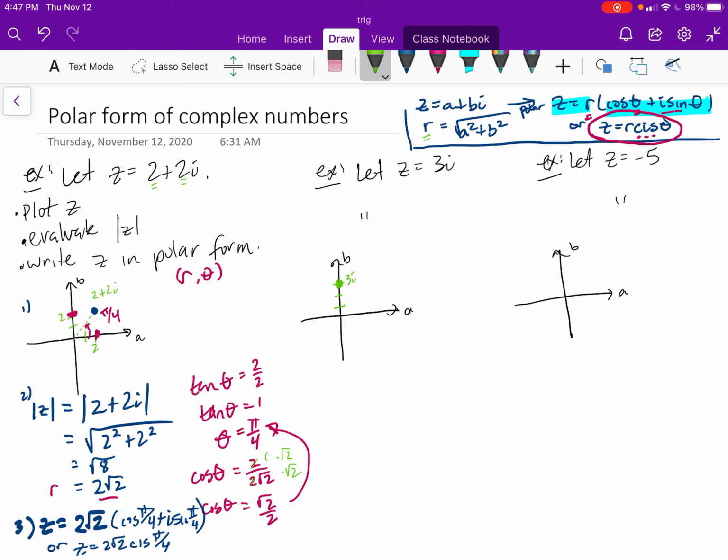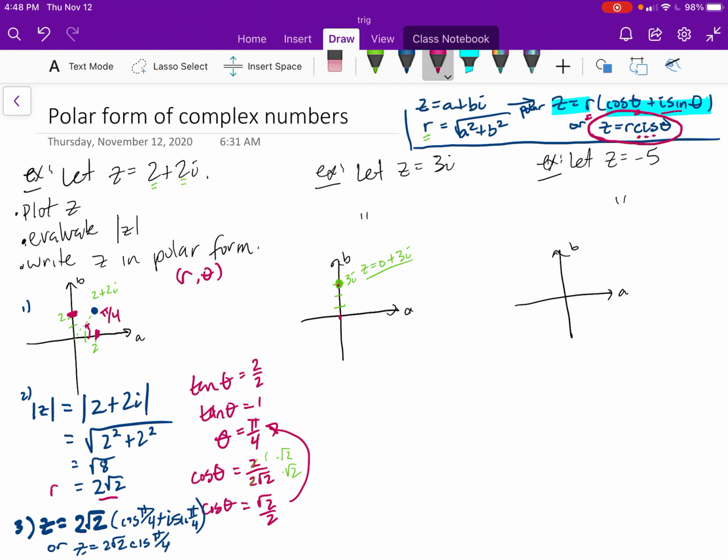Or if you really want an a plus bi, that's the same as saying z equals 0 plus 3i, right? I don't really see a need of putting 0, but you could. All right, there it's plotted. The absolute value is the distance. Well, I could count this distance, right?